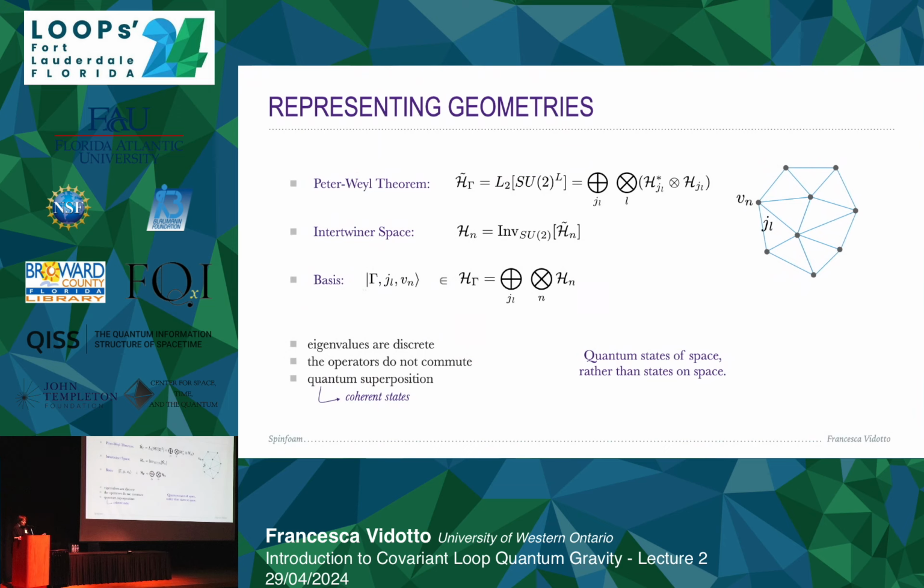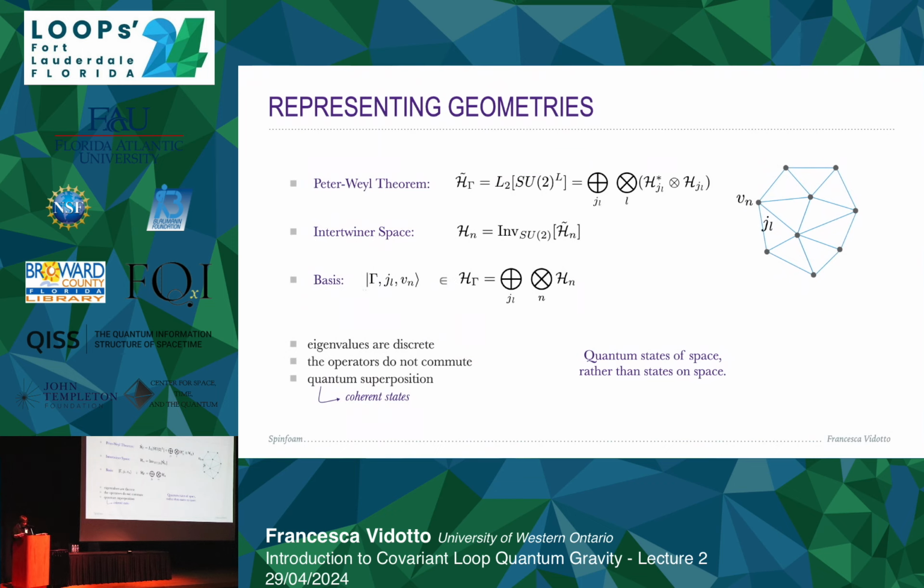At this moment, we just take the Hilbert space defined on my links, and I can show, using the Peter-Weyl theorem, that I can decompose this Hilbert space as a tensor product of Hilbert spaces defined for each j representation, any spin associated with the representations of SU2.